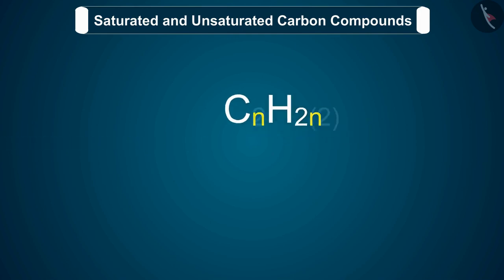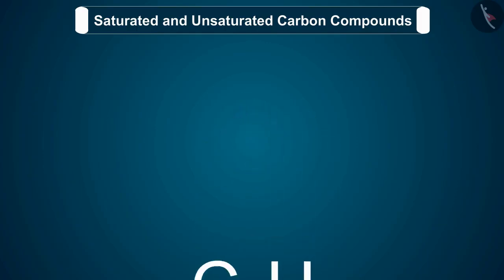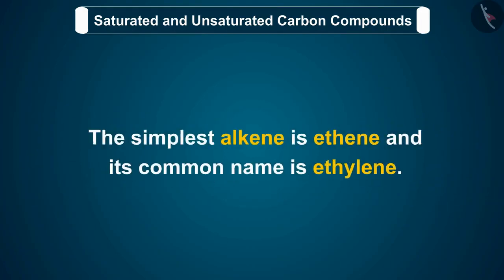If an alkene has two carbon atoms in its molecule, then n is equal to 2, and its molecular formula will be C2H4. 2. Similarly, when n is equal to 3, we will get propene. The simplest alkene is ethene and its common name is ethylene.